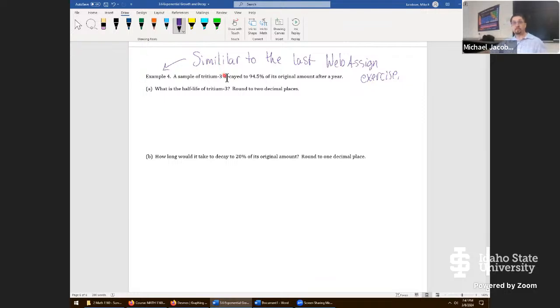And, well, they might just observe the mass after a year and get a data point. That's what this is representing. There was only 94.5% of its original mass after 1 year, but we don't even know what the original mass is on this problem, and yet we're supposed to come up with the half-life some way, somehow. That's kind of a weird problem, but here's how we can get at it.